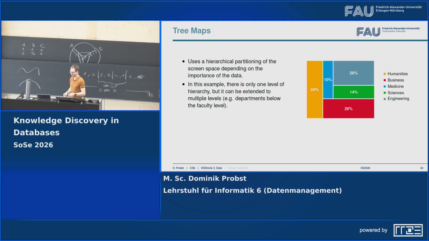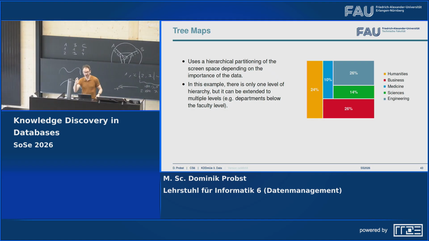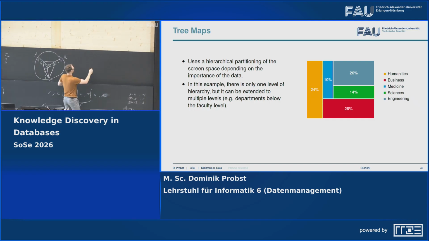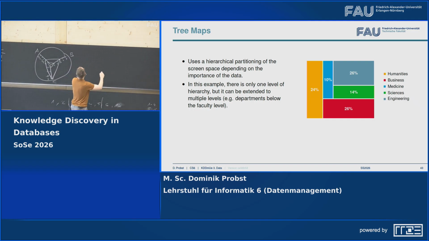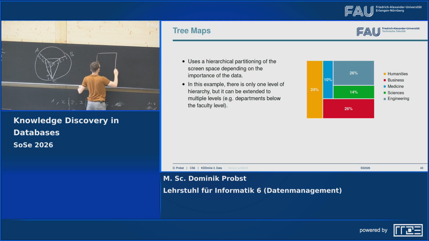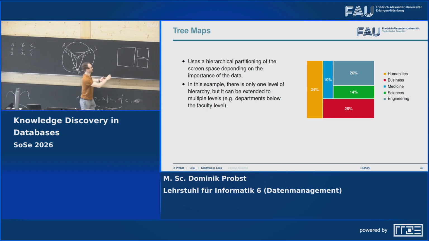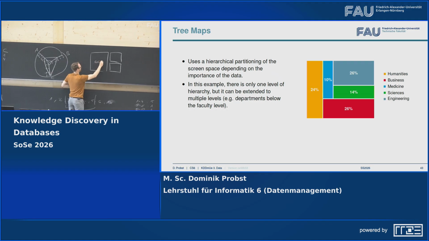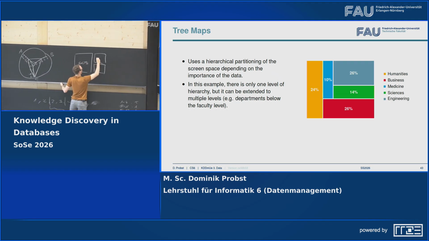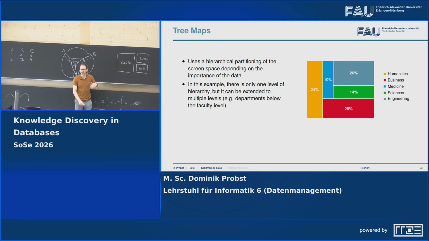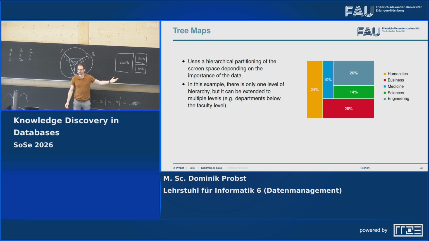The good thing, and that's the hierarchical part of that, is we can have a tree map where we have maybe 3 rectangles, so we have maybe, let's say 60%, 20%, and 20% at one level. But we can split these rectangles up even more.